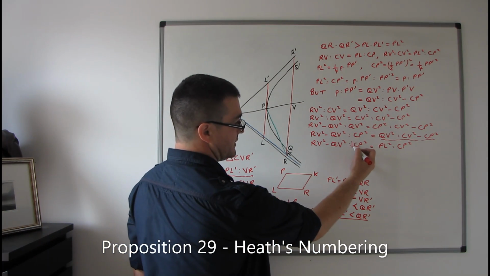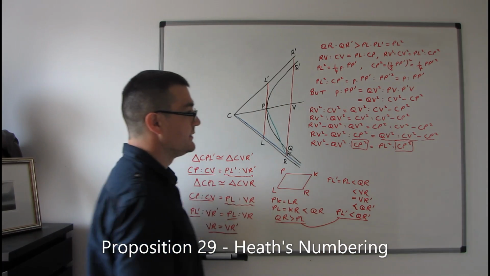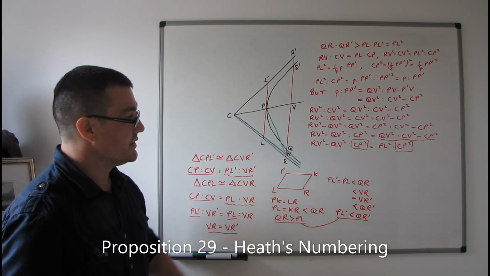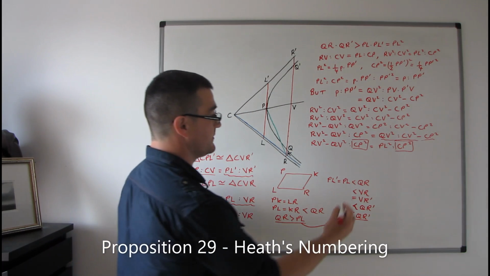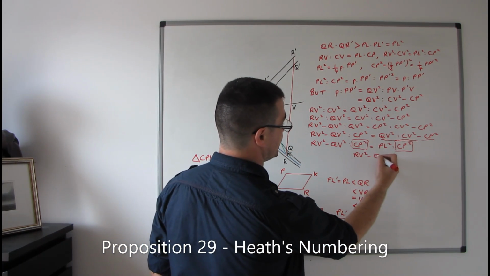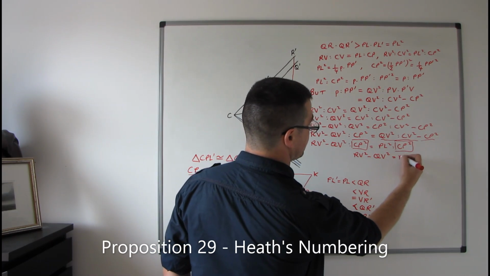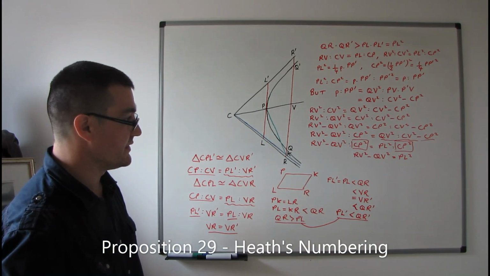So notice now that we've got CP squared, CP squared. So that means that this must be equal to this. So therefore, RV squared minus QV squared is equal to PL squared. So we're nearly there now with this.